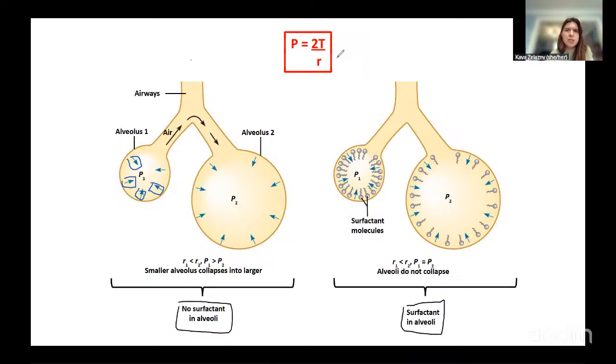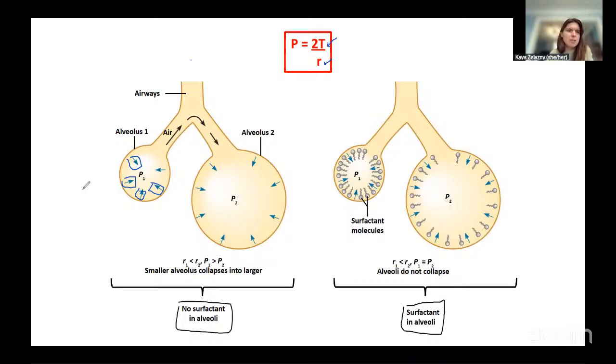So this equation we have up here at the top is looking at the pressure you need to resist tension given a specific radius of an alveolus, right? So we've got a size, we've got an amount of tension, and we've got a pressure here.